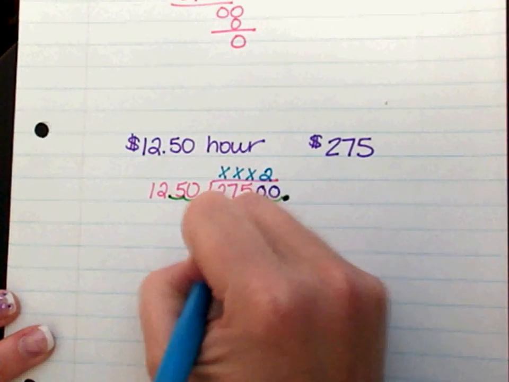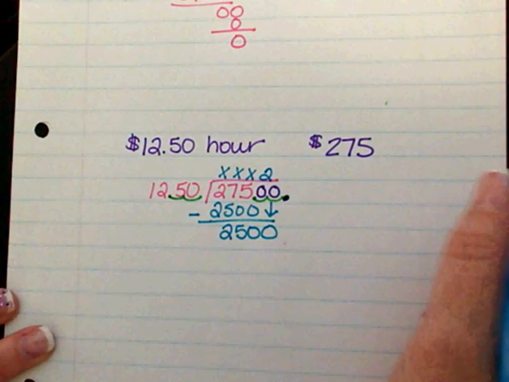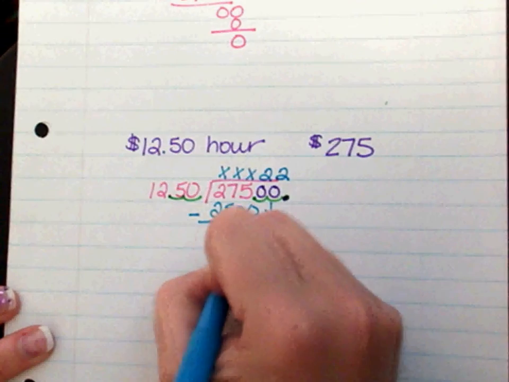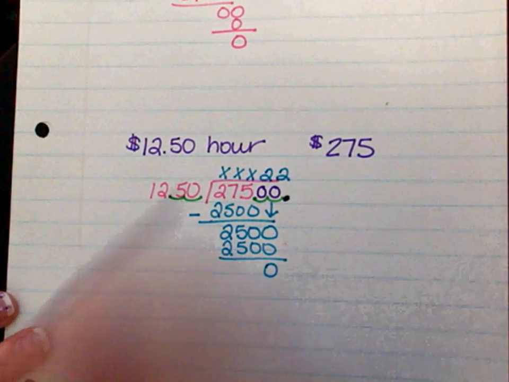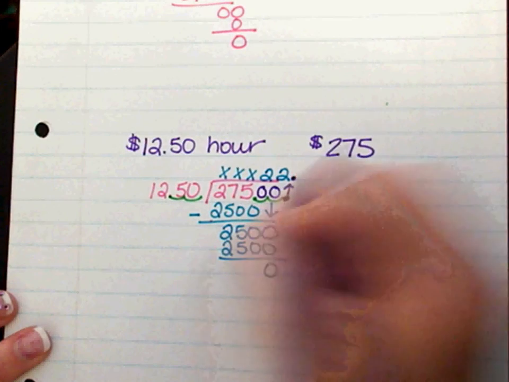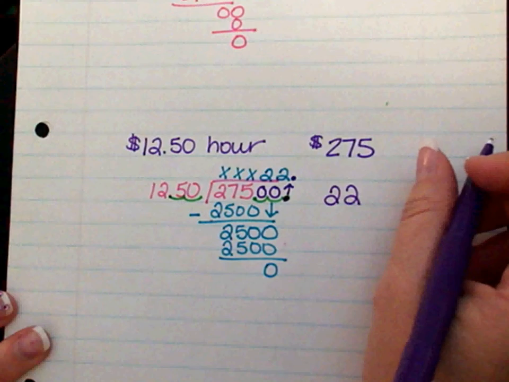Now pause the video, go ahead and divide like you normally would, come back and check with me when you're done. Okay, so we have our 1250 and we're going to divide it into, now without the decimal, 27,500.